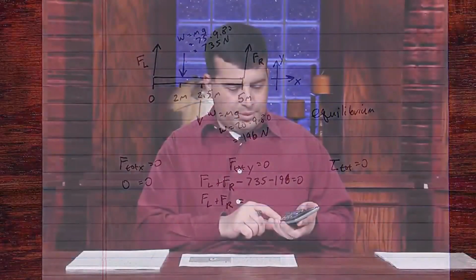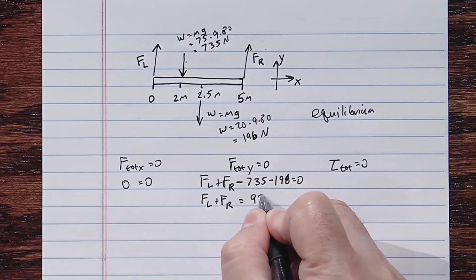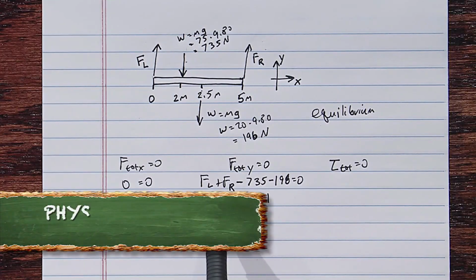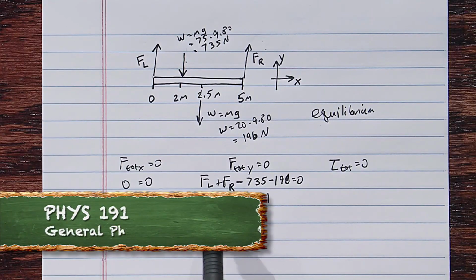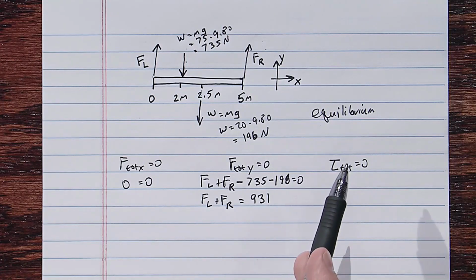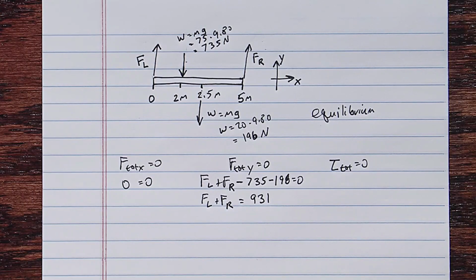So force left plus force right equals 735 plus 196, which equals 931 newtons. That's useful. That tells us what force left and force right have to be added together, but it doesn't tell us what they are individually. In order to get that, we'll have to go to our new equation, our torque equation.